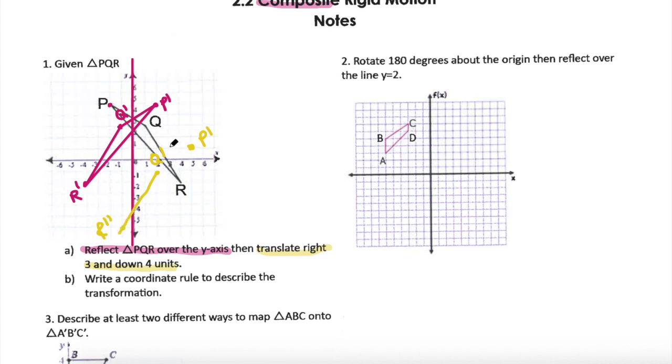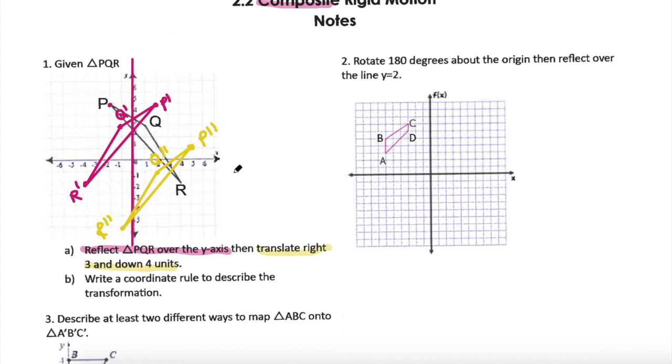And actually, sorry, these should be all labeled double prime because this is our second image. Sorry about that. And so we've now graphed triangle PQR reflected over the y-axis and translated to the right 3 and down 4. It's helpful to graph both of the rigid motions on the same graph. Don't try to do them both in one step.